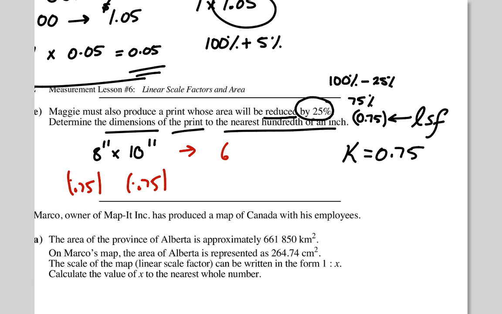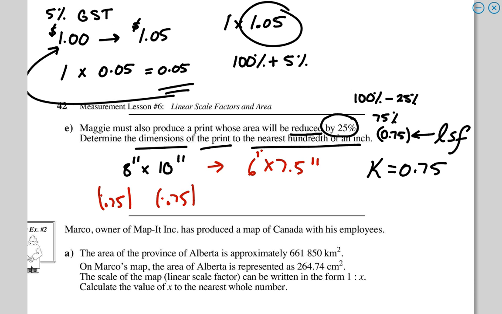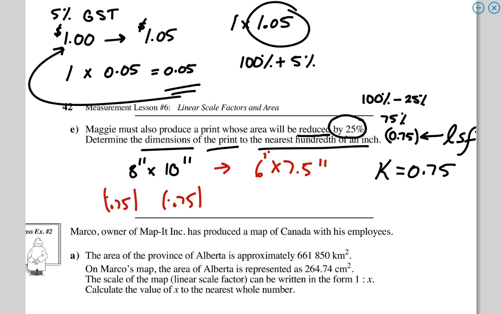I get 6, and then of course 7.5. You guys okay with that?